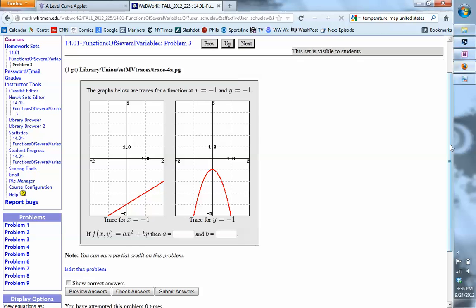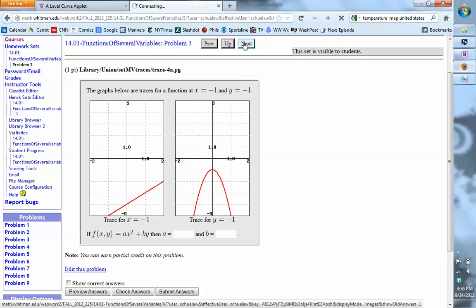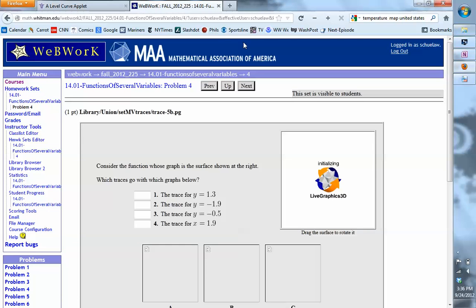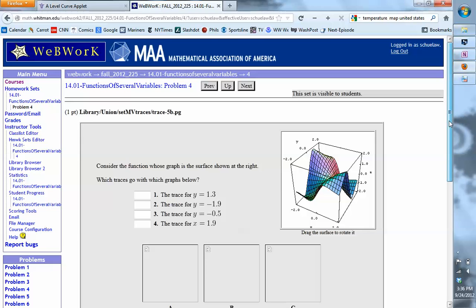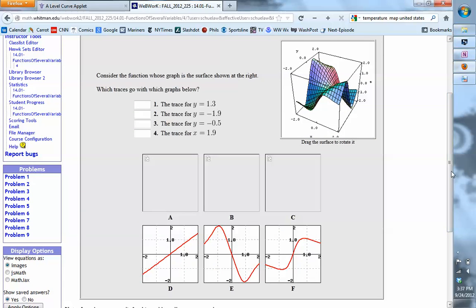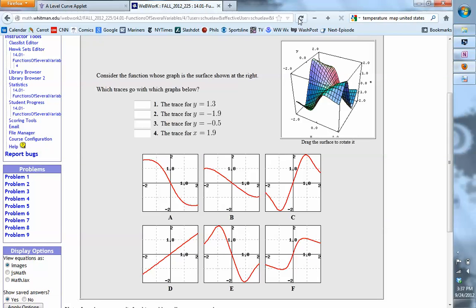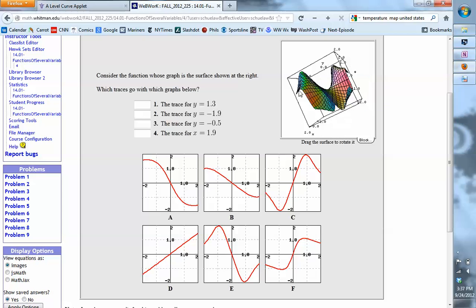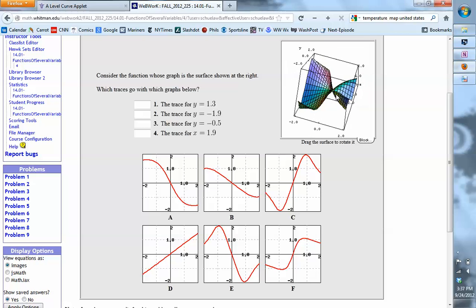Let's talk about some other ones here. This is a little more visual than the earlier examples. There we go. You kind of look at this lumpy surface. You don't have a formula for it. It's just some lumpy surface.